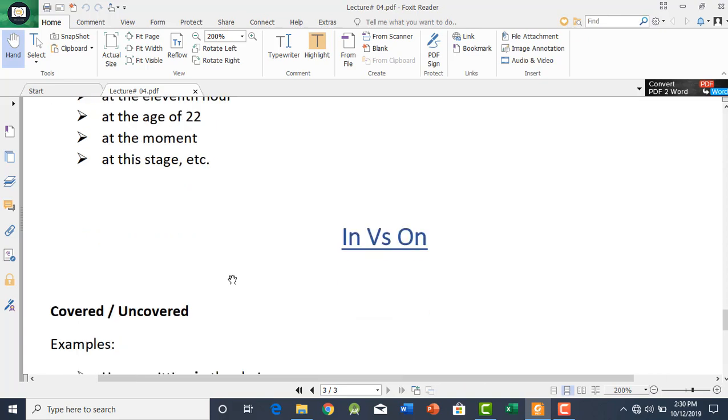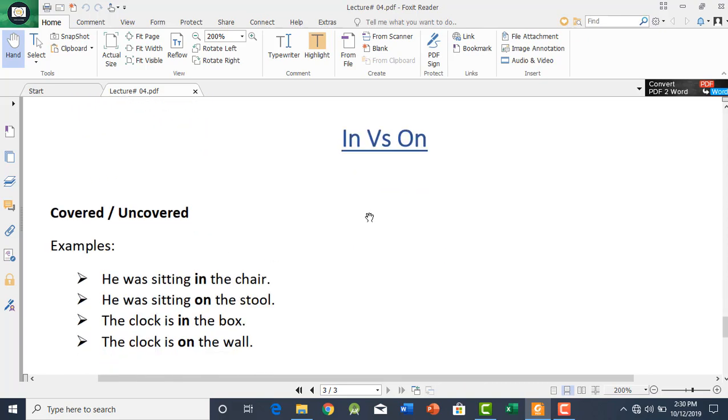So now we have a very important comparison between in and on. People may face difficulty when they have to use in and on, and the situations are very important in both contexts. For example, in is directly associated with covered things, covered areas or covered stations and covered places.